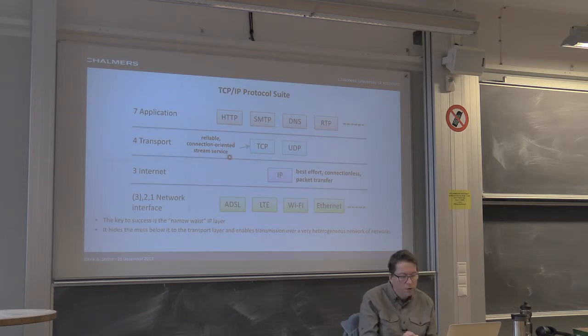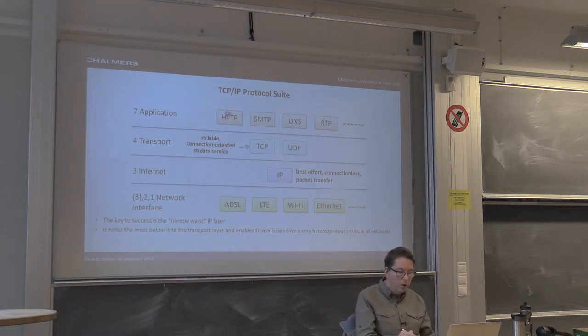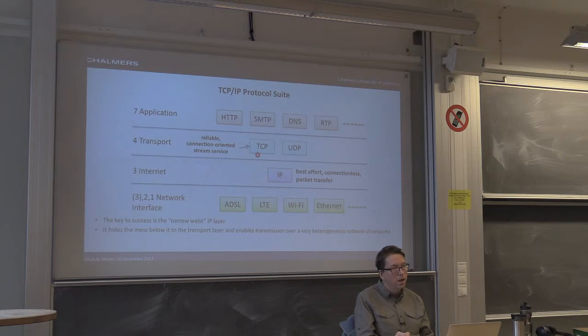And it's also a stream service, meaning that it can take individual bytes. It doesn't necessarily have to have a limit on the number of bytes. Just give me a stream of bytes and I will transmit it for you in a reliable fashion. The stream of bytes you give me, I will present at the receiving end in order, error-free, always.